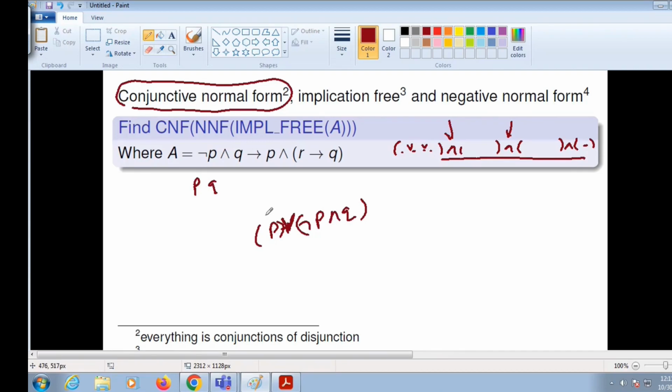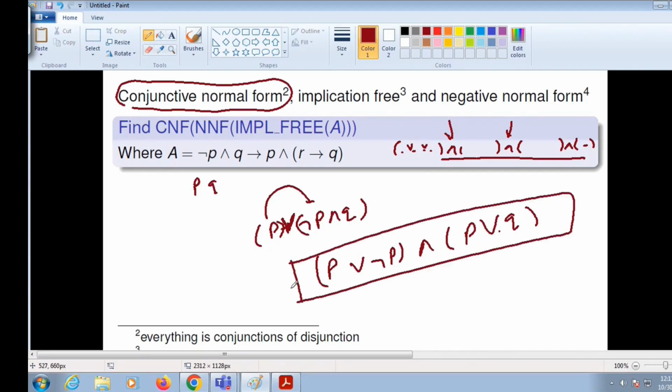P can be distributed inside. You can write P OR not P, and P OR Q. Am I right? I think I have done it wrong. Here should be R. So now it is in conjunctive normal form.